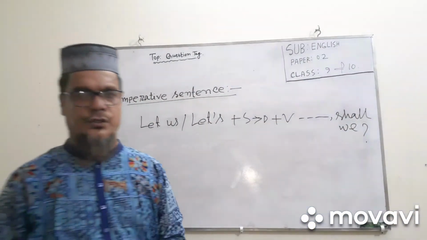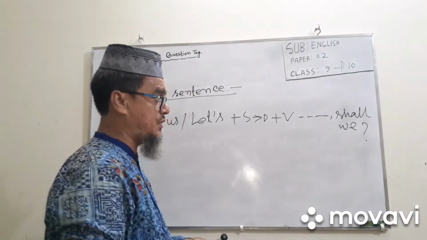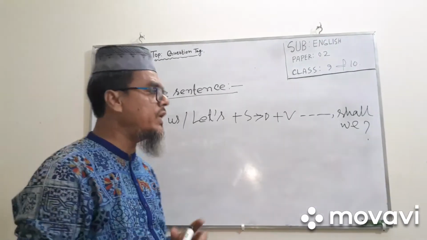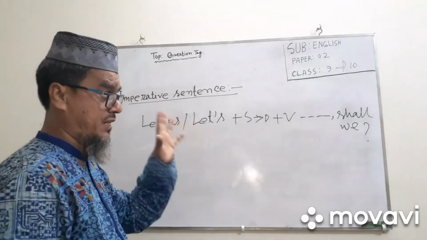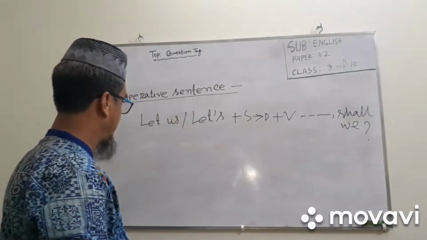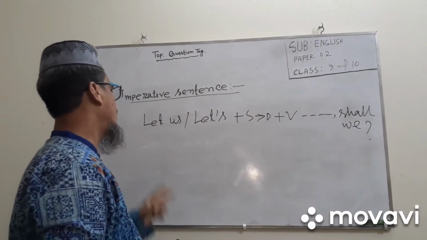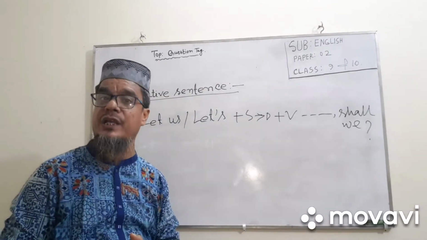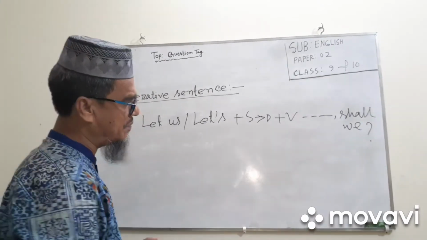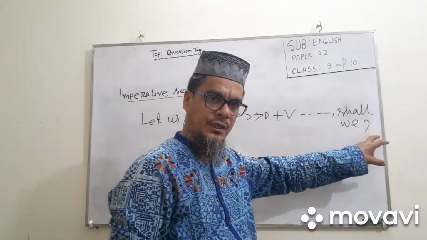Dear students, we have learned that if let is at the first place of a sentence, we must use will you. But follow the example and structure of the sentence. If an imperative begins with let, but after let there is us only, for this we must use shall we.